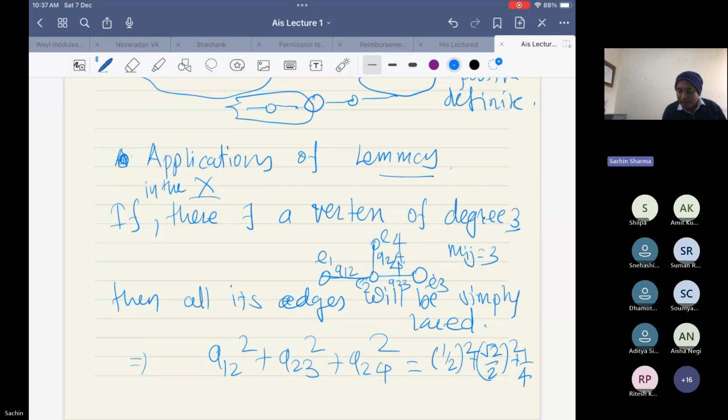So this is nothing but 1 by 4 plus 1 by 4 plus 2 by 4, which is 1. This contradicts that the sum of all these things is less than 1. So these 2, 3, 4 join this 2, and this contradicts lemma 1.